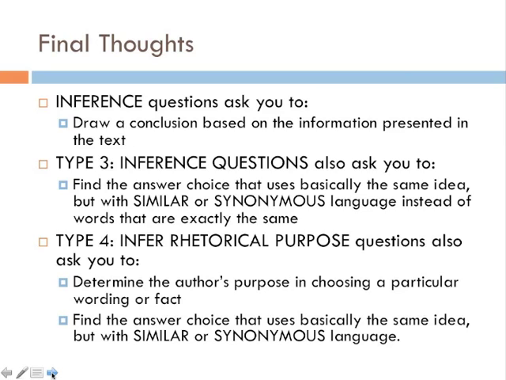Type 4, or the infer rhetorical purpose questions, also ask you to think about the author's purpose in choosing a particular wording or fact. But as we learned in the video, it also means finding the answer choice that uses basically the same idea, but with similar or synonymous language.